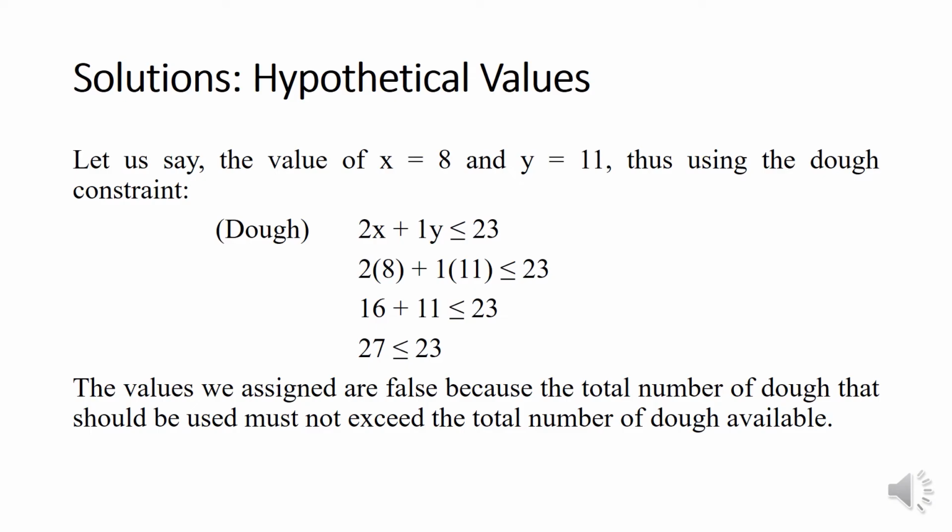Hence, producing 8 pizzas and 11 burgers is not a possible solution because it would exceed the total dough available: we would need 27 dough and we only have 23 available. So this 8 and 11 is not the possible answer.